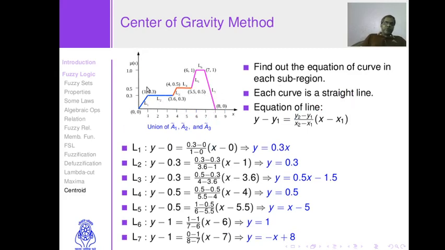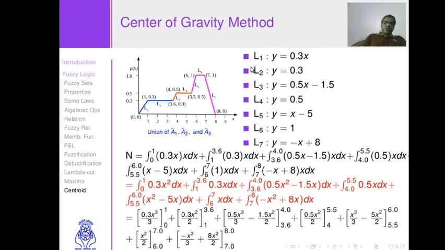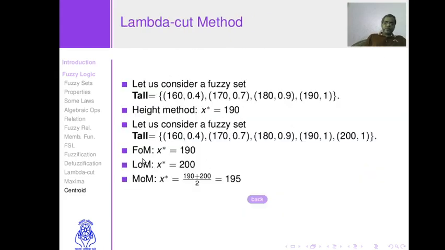Now for every line we have the coordinates of the endpoints, so we can easily find out the equation of the curve for every line with the help of this standard equation. Here all the equations for all the 7 lines are available now.